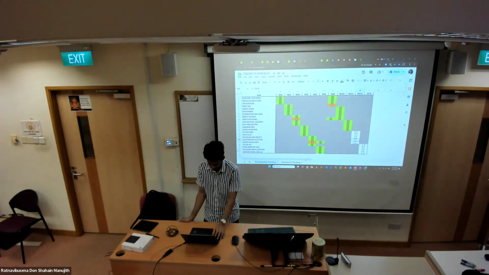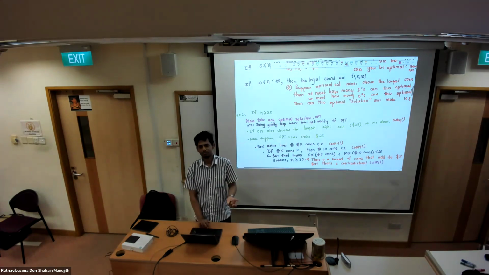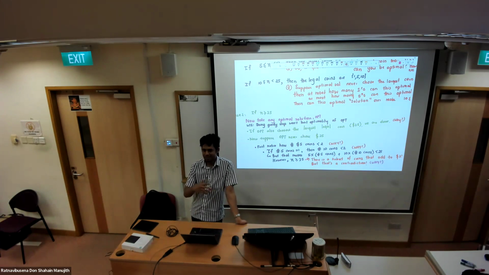Okay, so every contradiction arises because we suppose that... okay, so let's ask someone else. KJ, right? So why did every contradiction arise? Yeah, so we arrived at many contradictions, right? So why did they arise? Because the greedy solution is correct.